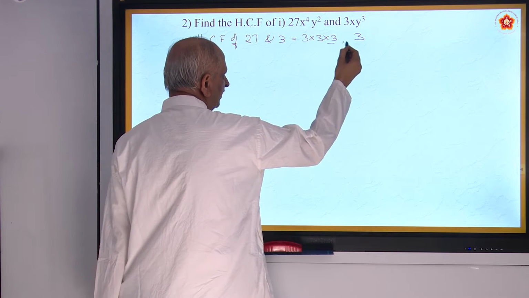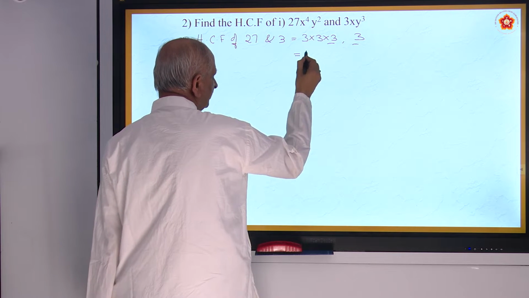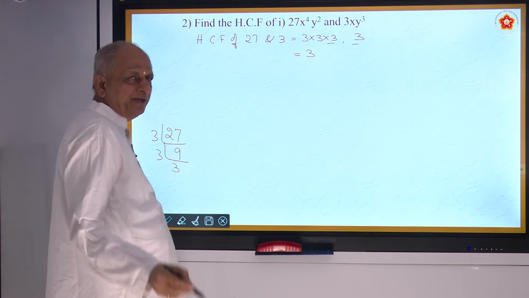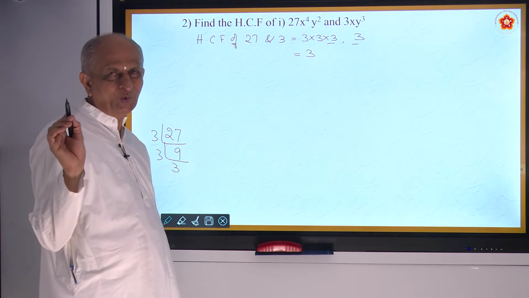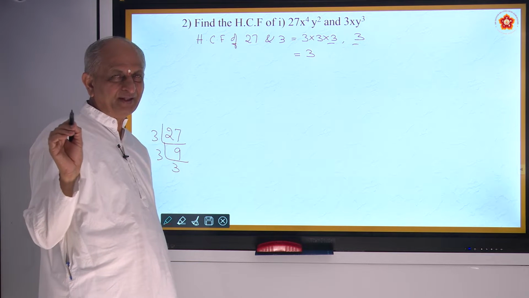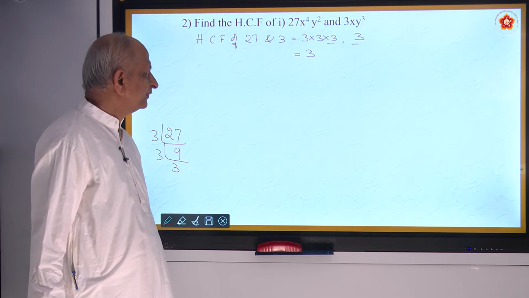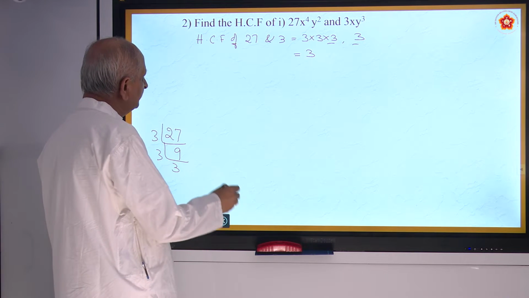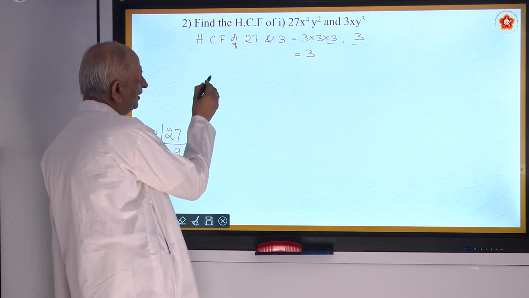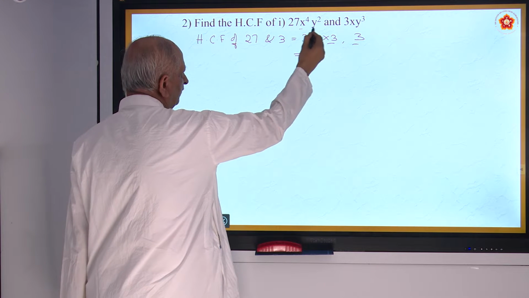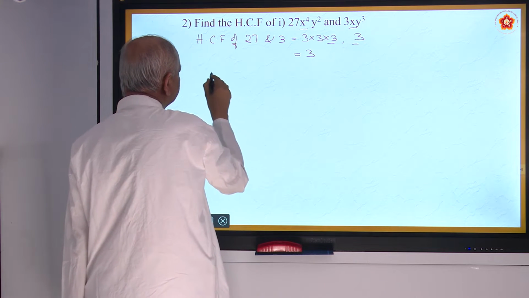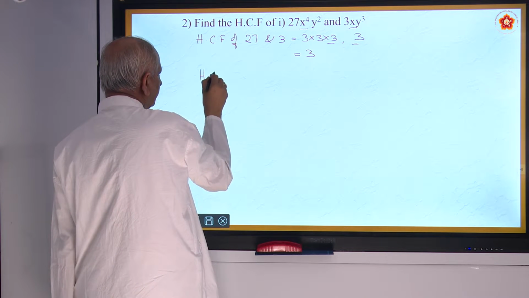So, which is common in this? That is, 3 is common. Is any other factor there? No, no other common factor. So, therefore, HCF of 27 and 3 is 3. Now, what is the HCF of x to the power of 4 and x? HCF.